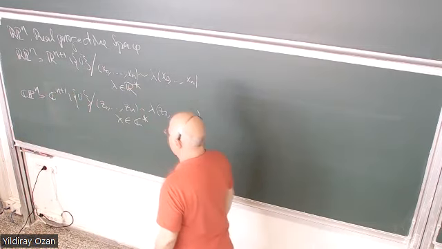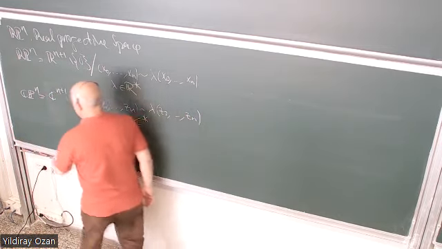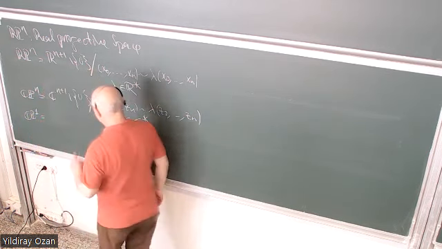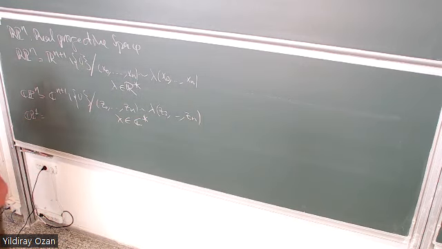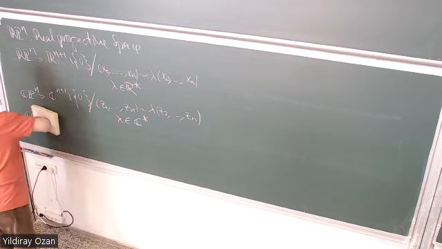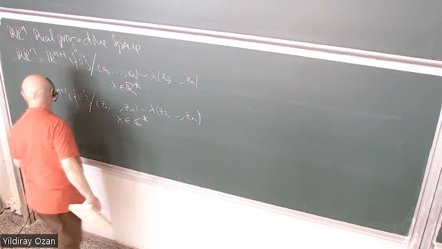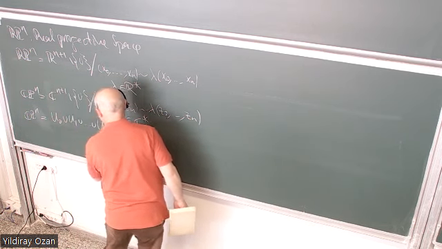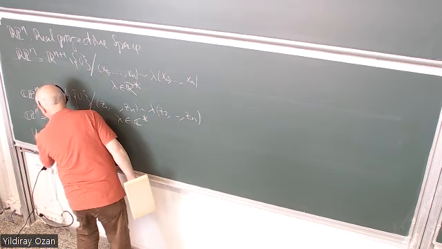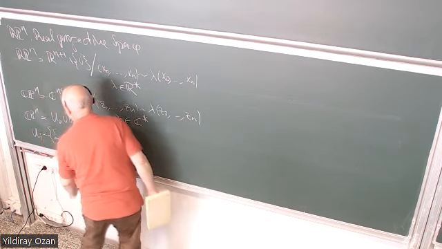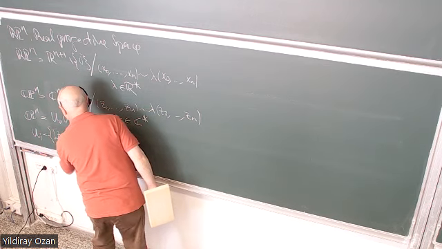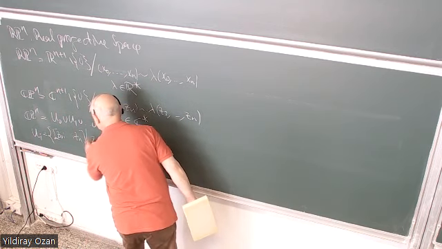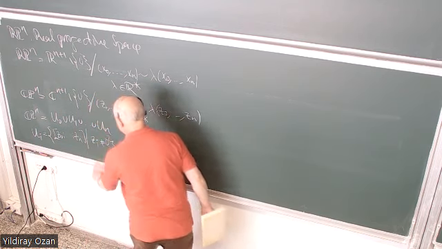Okay. In particular, again, as in the case of real projective space, I can write this as the union of U0, U1 up to UN, where Ui is the set of equivalence classes, which we, as usual, denote like this, so that the ith coordinate is not 0.